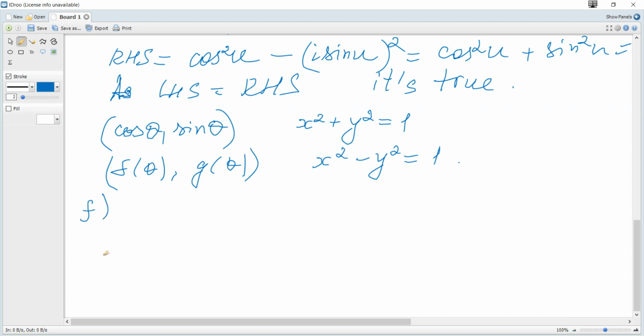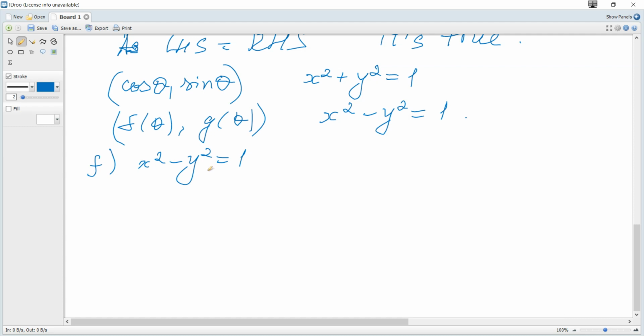F. 4 marks. Sketch the graph of x squared minus y squared is 1, stating the coordinates of any axis intercepts and the equation of each asymptote.